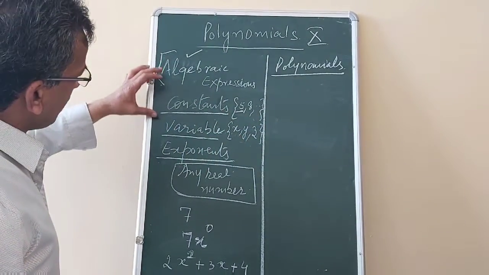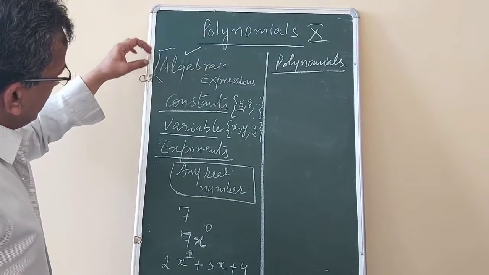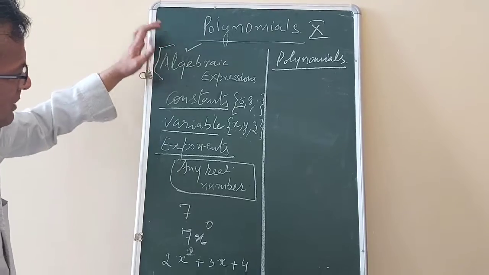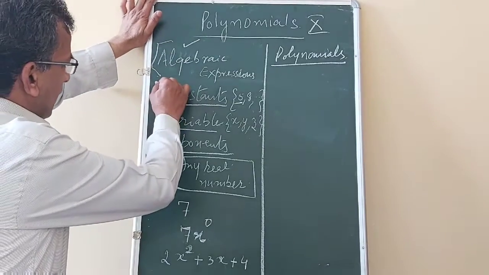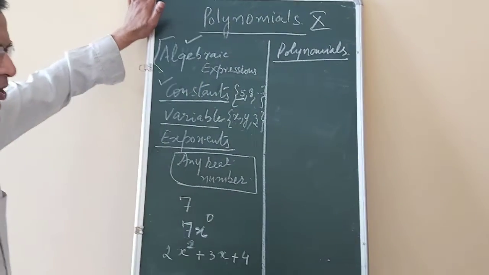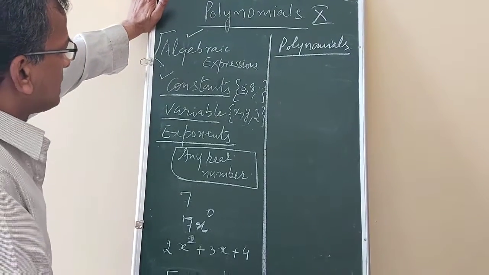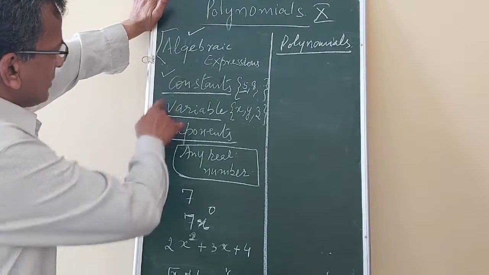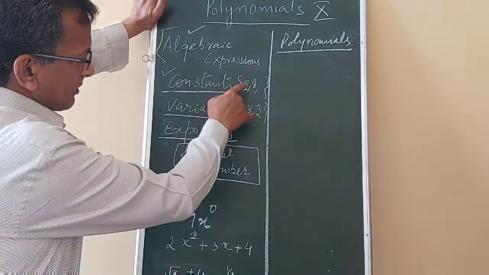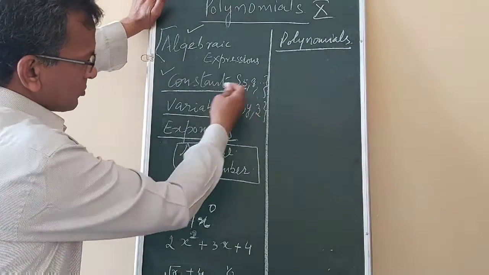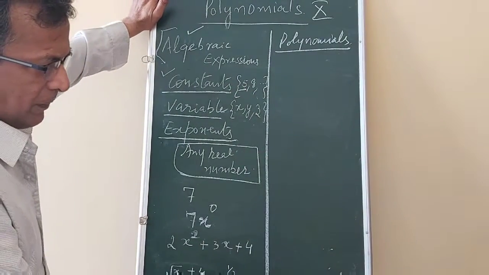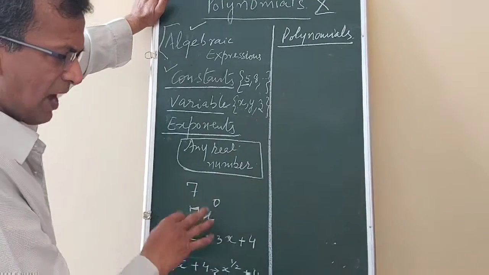So first of all, we will revisit the algebraic expressions. What are the things we use to form algebraic expressions? Say, constants, that is 5, 8, whose value does not change, value remains the same. 5 means 5.